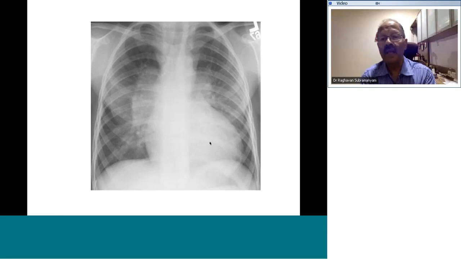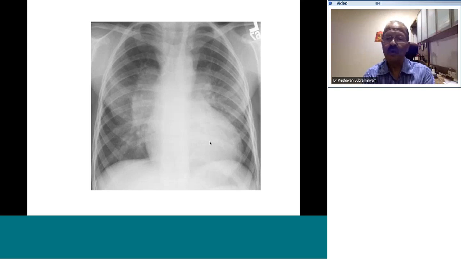Now, Akshara says concave pulmonary arteries and pruning. Yes, you could think of pruning in a case of, say, a single ventricle or a pulmonary transposition in which you do not have the pulmonary arteries forming the cardiac border. So, come back to my initial point.